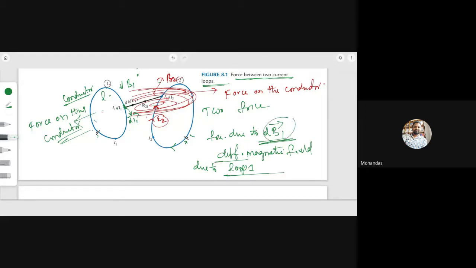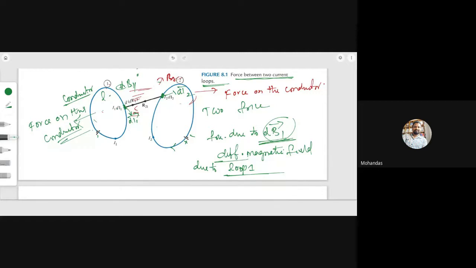What is it doing? In that differential magnetic field dB1, this conductor is present. Okay, here also we took not the total length L2, this loop length is L2, so here I have taken a small differential length dl2.